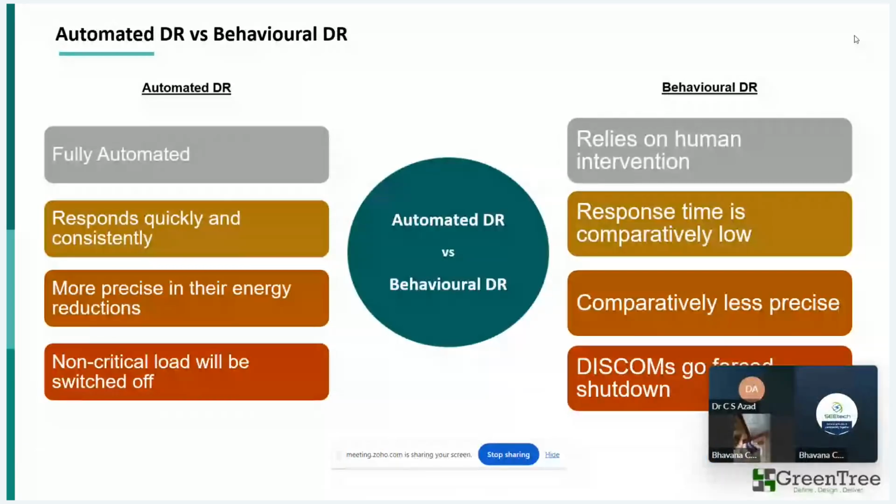As compared to the automated demand response, we may have some behavioral demand response. In behavioral demand response, what can we do? We can create consumer awareness. We can ask the consumer to reduce usage during the peak load time. This is the comparison of your automated as well as behavioral.